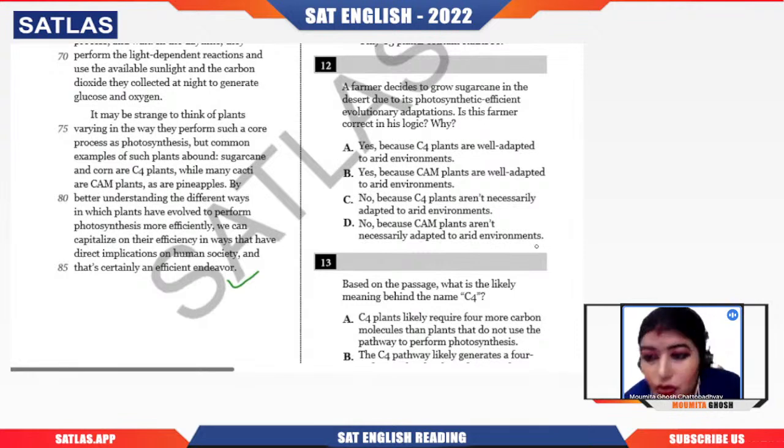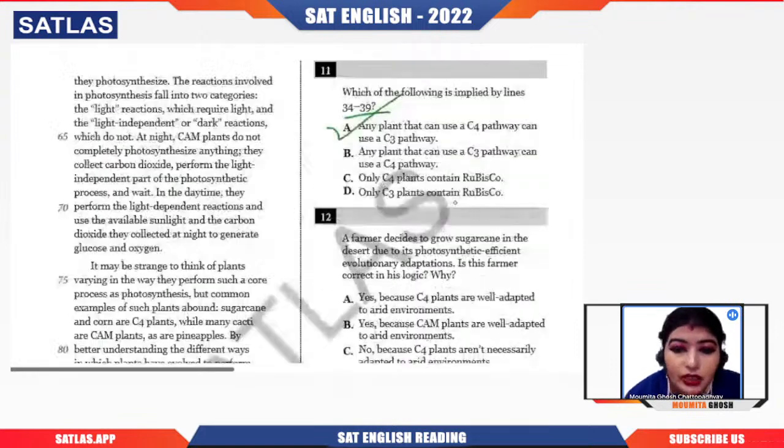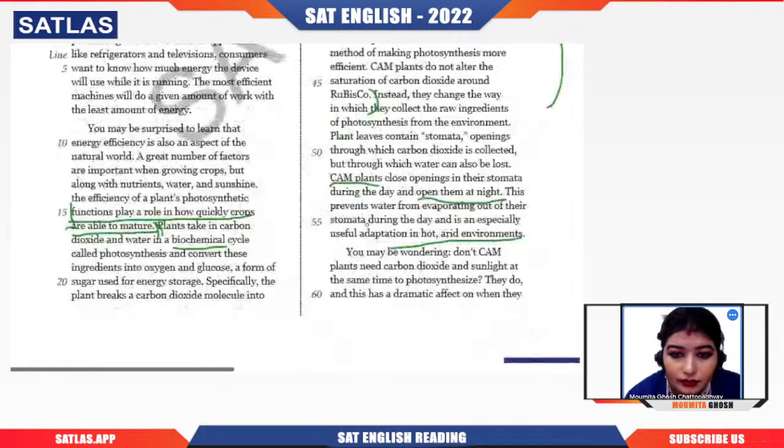So, let us go to the part where the growing of crops is mentioned. From this part, a great number of factors are important when growing crops, up till this energy storage.